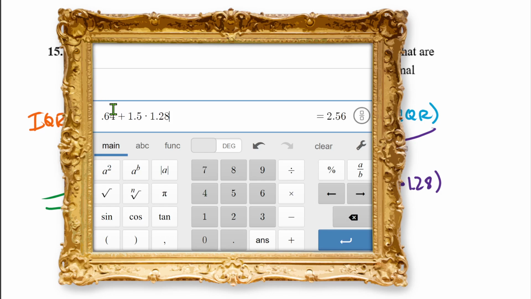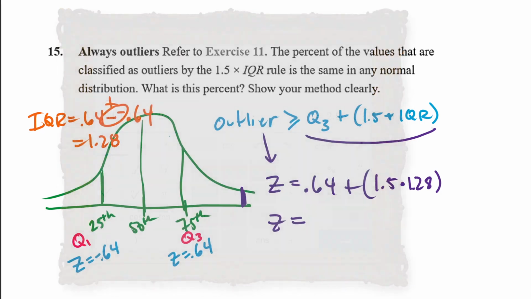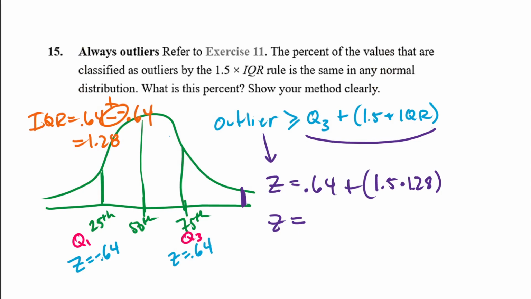So the z-score for the outlier, which is Q3 plus 1.5 times the IQR, the z-score boundary for the outlier is 2.56. How interesting. I dropped my pen. I got excited over how these problems connect together from first semester. So this came out to be 2.56.